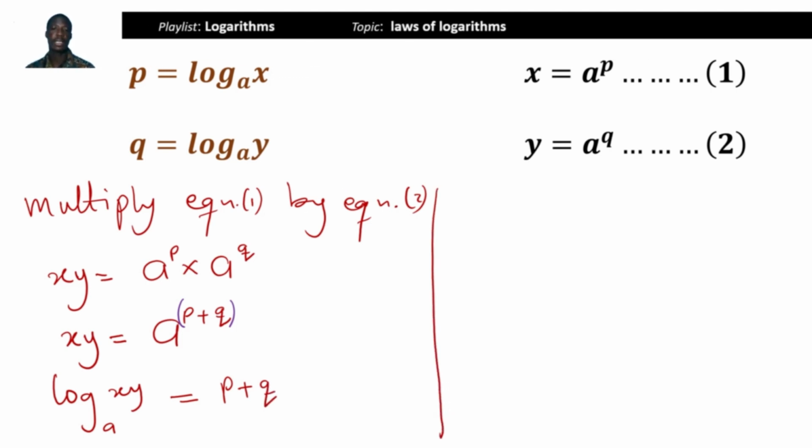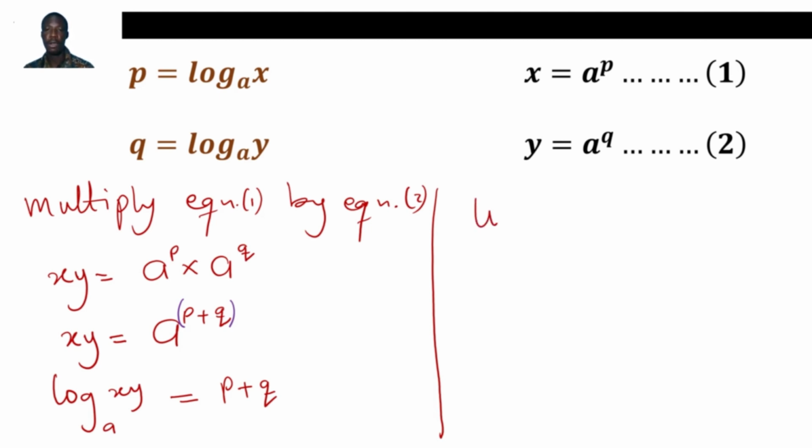So with that, let us remember that p is equal to log x to the base a and q is equal to log y to the base a. So what we are doing next is to substitute them.